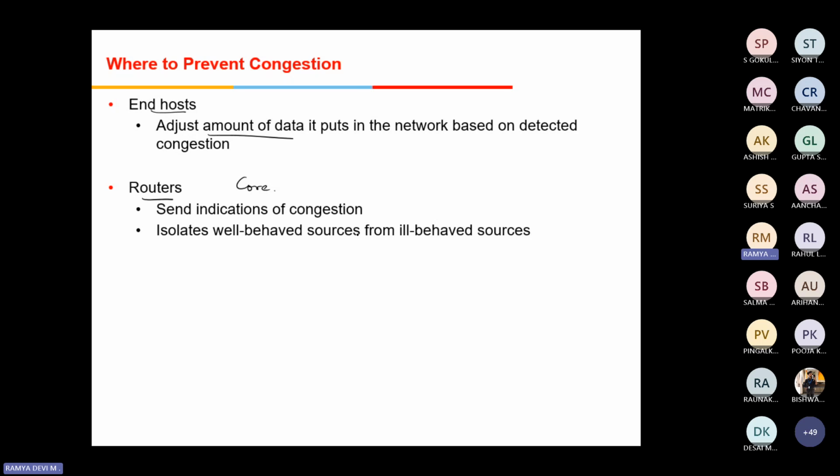All these things can notify the sender about the congestion. The routers can also implement a fairness mechanism to handle greedy, misbehaving sources, deciding which packets have to be dropped. Early detection, all those things must be promptly done by the routers.